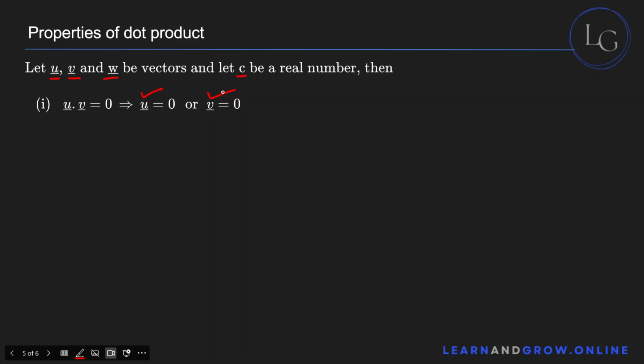That's pretty self-explanatory, because in this case, u is a 0 vector and v is also a 0 vector. So obviously the magnitude of u is equal to 0, and the magnitude of v is also equal to 0.